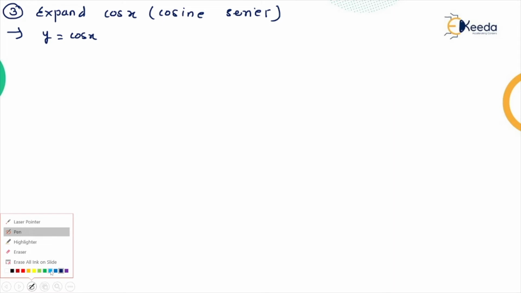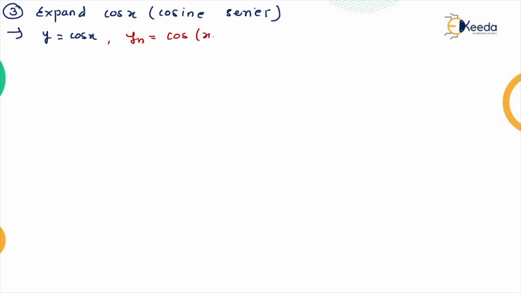You know, guys, its nth order derivative is what? I am taking its nth order derivative as yn is equal to cos of (x plus n pi divided by 2), and this is for all values of n, right?